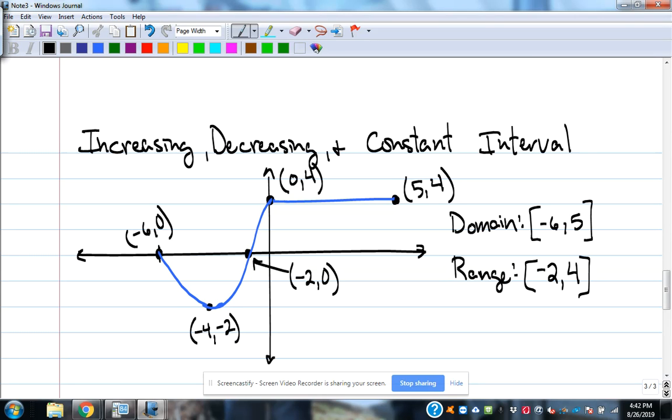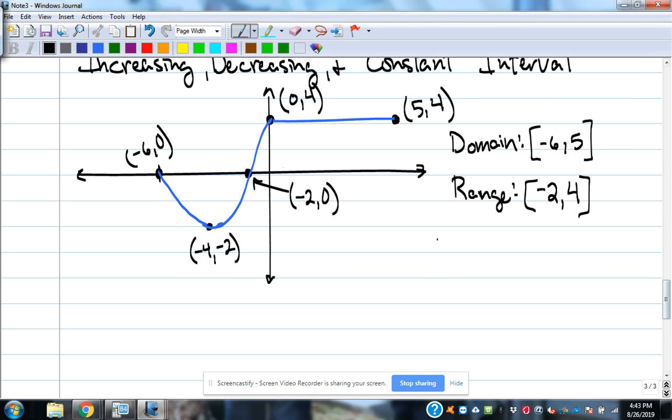Okay, now when we talk about intervals of increase, decrease, and constant, we're going to use parentheses on all of those, no brackets, because how do you know where it stops increasing and starts decreasing, or stops being increasing and goes to constant? We can't pick one to be that and justify not picking the other. So we're going to use parentheses all the time when we talk about intervals of increase, decrease, or constant.